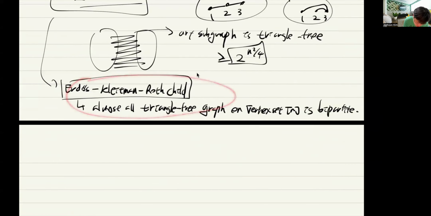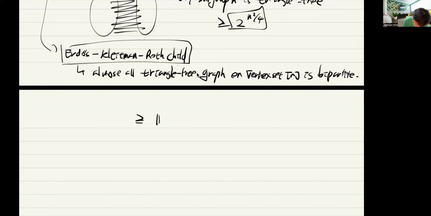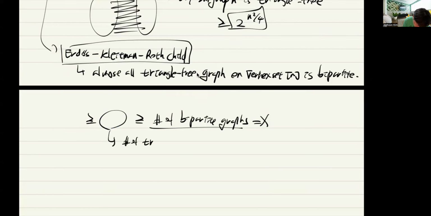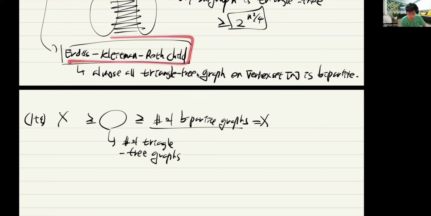But what they show is that the lower bound is the number of bipartite graphs, say X, and the upper bound on the number of triangle-free graphs is 1 plus epsilon times the number of bipartite graphs. So that's what Erdős, Kleitman, and Rothschild show.